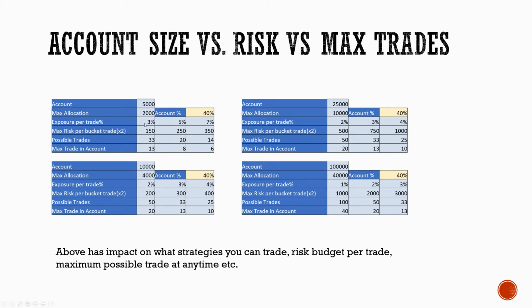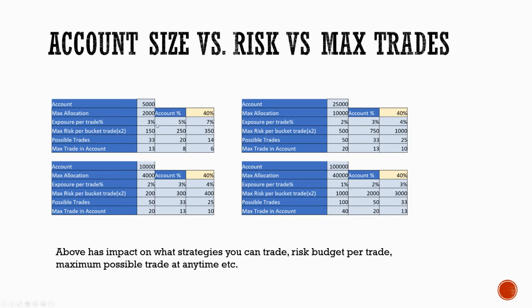With 3% at risk, you can risk 150 euros per trade. If you go with the 3% allocation per trade, this will allow you to have 33 possible trades, assuming you lose all. So at least you can do 30 trades before you blow up your account.